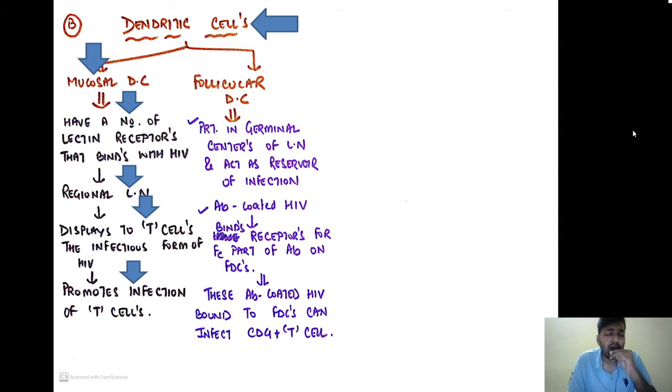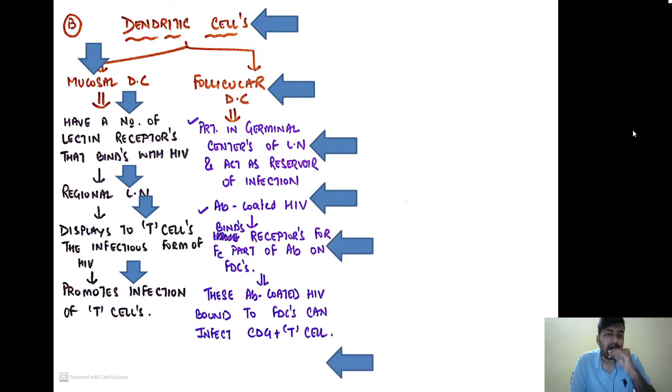The role of the follicular dendritic cell is also a bit similar. Now these dendritic cells are present in the germinal centers of the lymph node and they act as reservoirs of infection. Now how do they spread it to the T cell? Let us see. Remember, any antibody coated HIV can bind to the receptors for the Fc part of the antibody, which are present on the follicular dendritic cell.